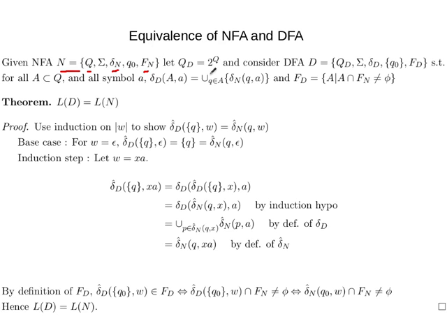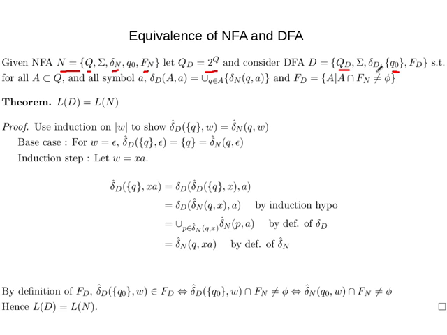The first thing we did was define a DFA with a set of states, where the set of states in the DFA is the power set of this Q here, right? So a state here means a subset of states here. And then the starting state is the singleton set {q0}. We cannot just put q0 here because here things are subsets of Q. So it starts with q0 means it starts with the singleton set {q0}, right?